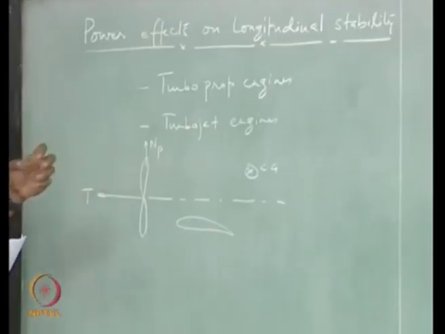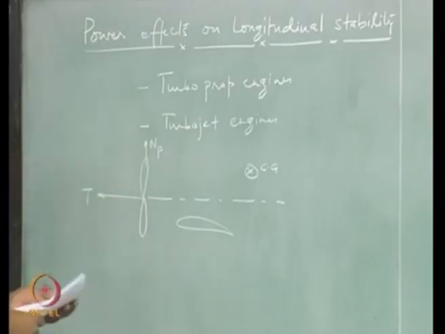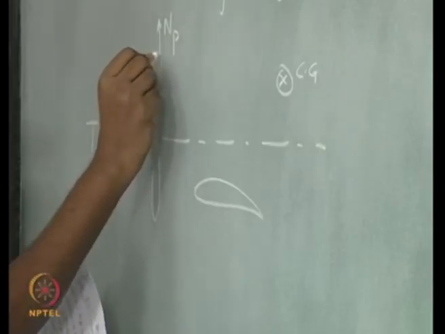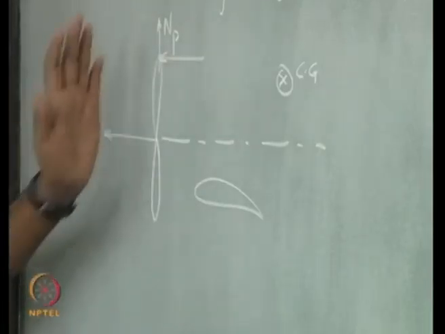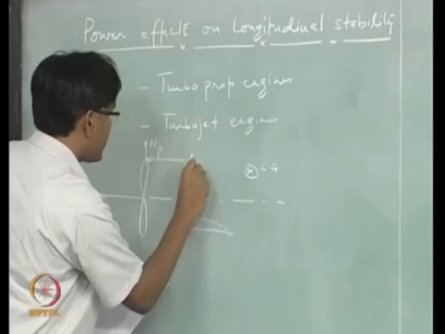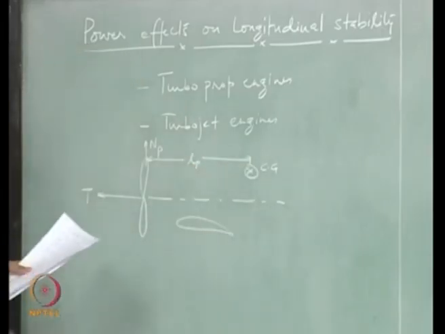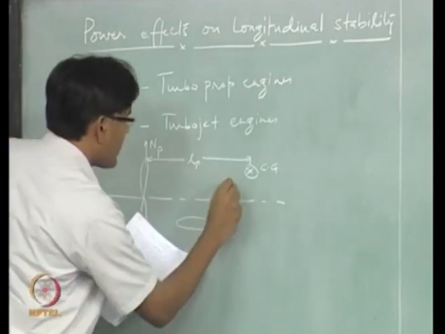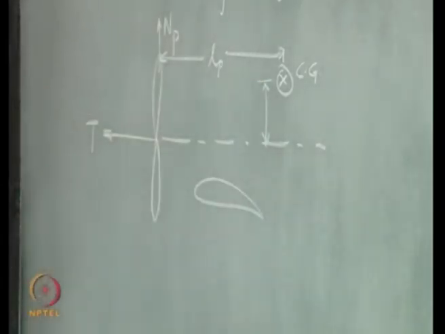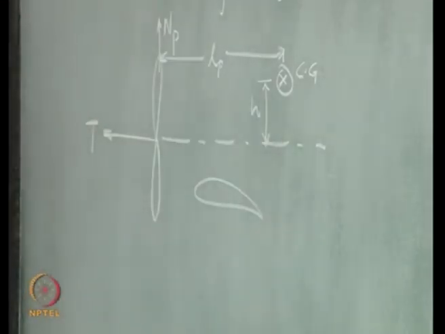When the propeller is running, it will not only produce a thrust, it will also produce a force in the normal direction, which is NP, and the distance of this plane, which is the propeller disc plane, from the CG is LP, and the thrust line is lying below CG at a distance h.